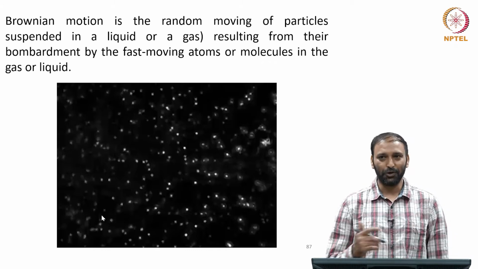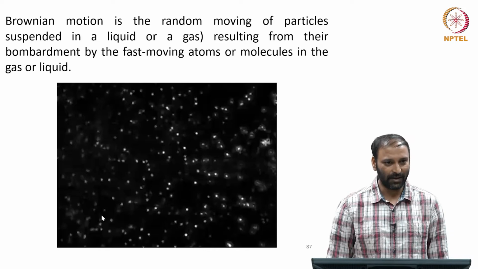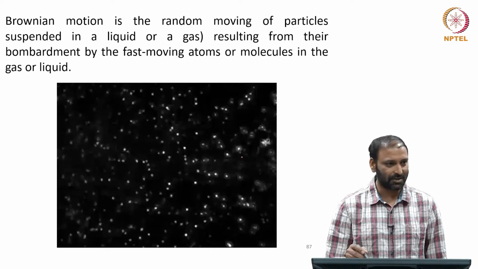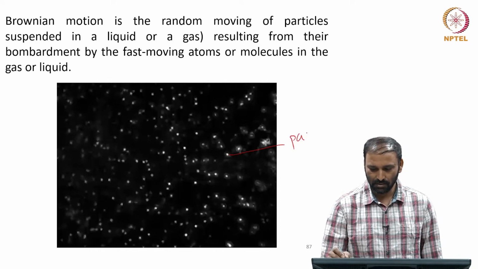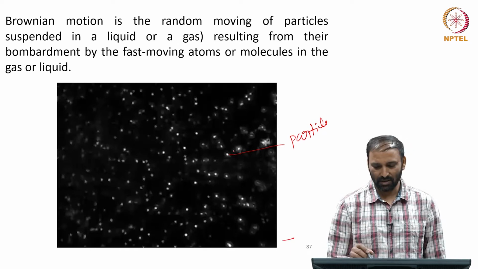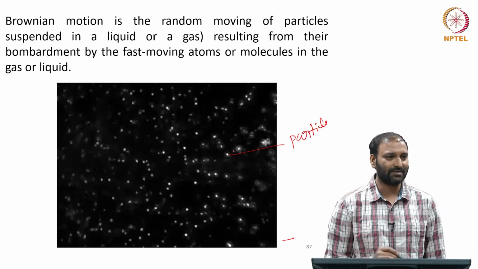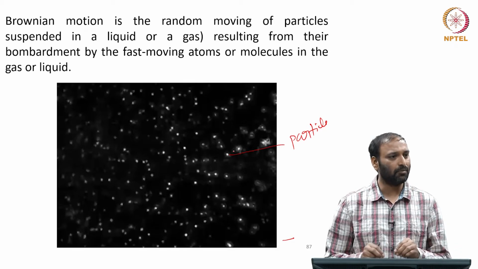So what I wanted to show you was that you have this image, and there are these dark regions and bright regions, and the bright regions are the particles. They are very tiny. There is no scale bar here, but the size of these particles I guess is less than half a micron. And if you see this movie, you will see that they are moving around.